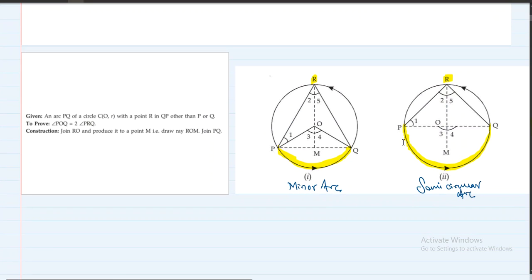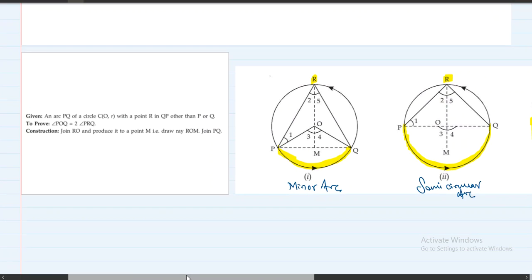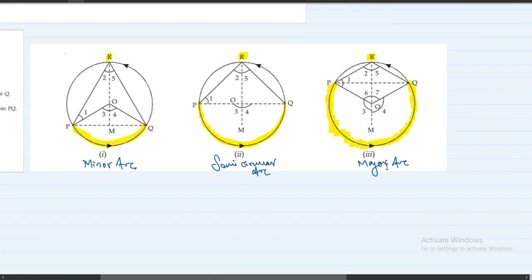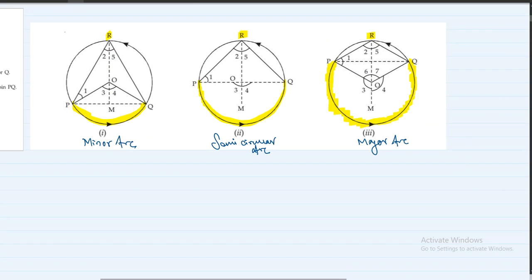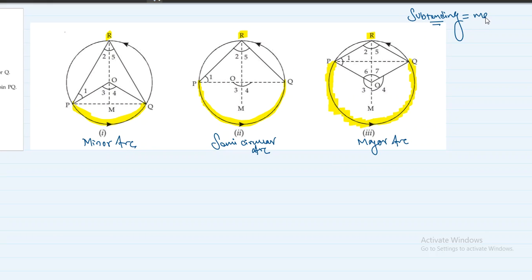I want to draw your attention to what this theorem actually means. Angle subtended by an arc at the center. This word is very important: subtending, S-U-B-T-E-N-D-I-N-G. What do you mean by subtending?